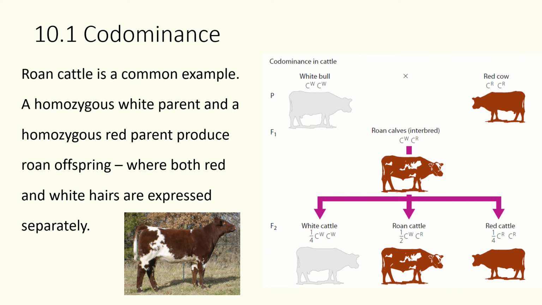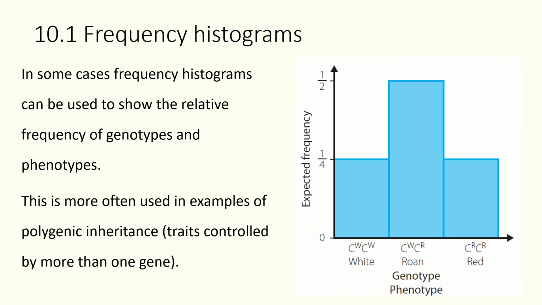Punnett squares are the number one way that we can represent our results from tracking inheritance. But one other way that you may see, and the only reason I say you may see this is because it's specifically mentioned in the syllabus, is that you could be given this frequency histogram and asked to analyze it in order to identify proportions or expected frequencies of different genotypes and phenotypes.